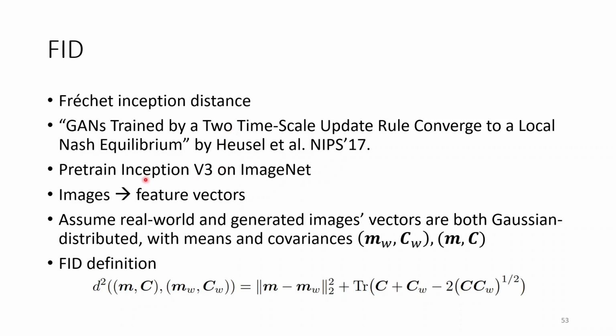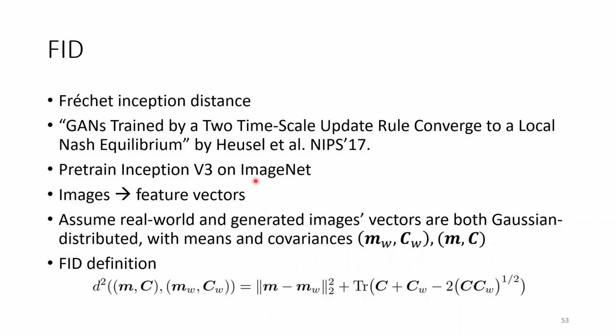So let me explain the idea. Okay, Inception is a discriminative convolutional network, and it is pre-trained on the ImageNet dataset. So it will have very good classification properties. It means the feature before the final fully connected layer can well represent the image. It converts the images from the RGB color space domain to the feature domain.